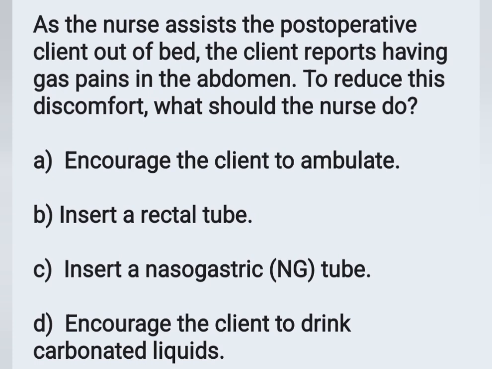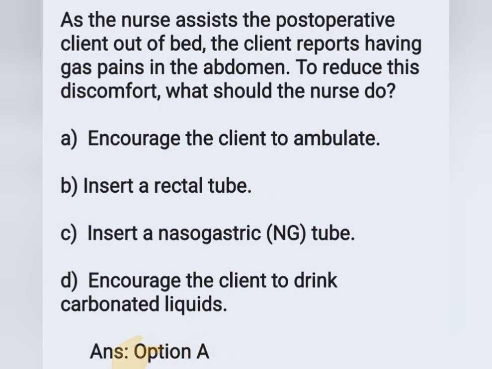She should encourage the client to ambulate, or walk. Decreased motility is one of the main reasons for abdominal distension or gaseous distension. To prevent that, the nurse can encourage the client to do some active movement or to ambulate. So the correct answer is option A.